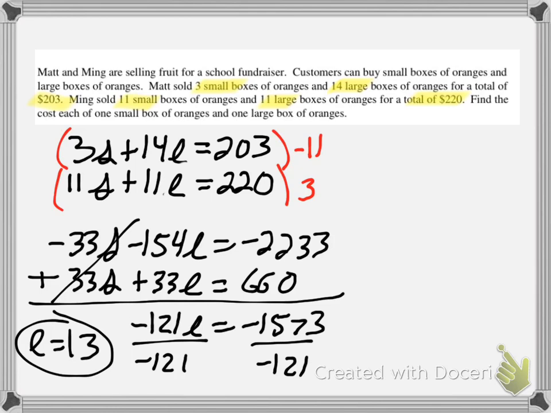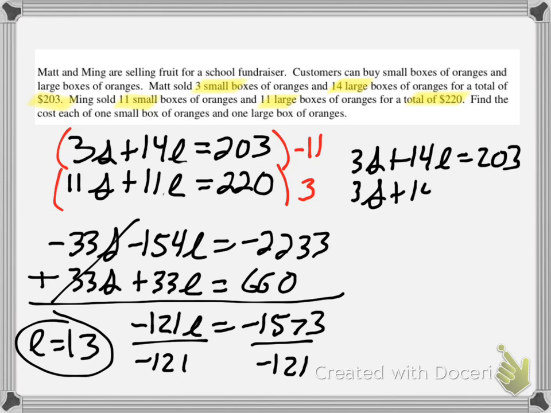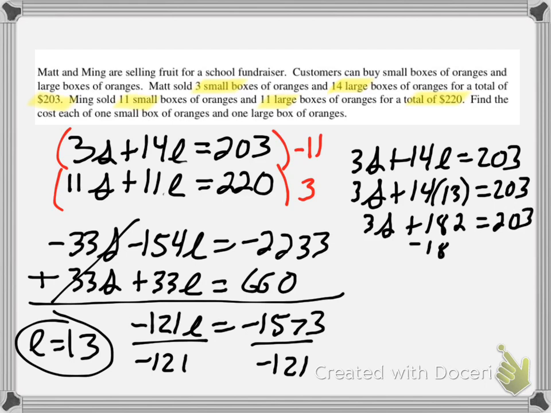Now we're going to find the small. Again, it doesn't matter which equation you pick, whichever one looks easier. I'm going to pick the top original. So 3s plus 14L is equal to 203. So I get 3s plus 14 times my L value, which is 13. That will give me 3s plus 182 is equal to 203.